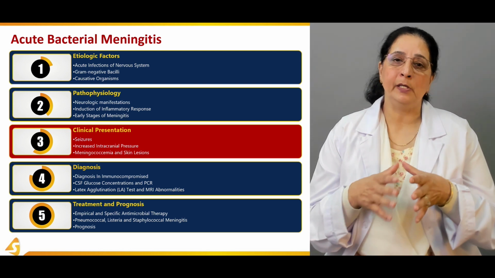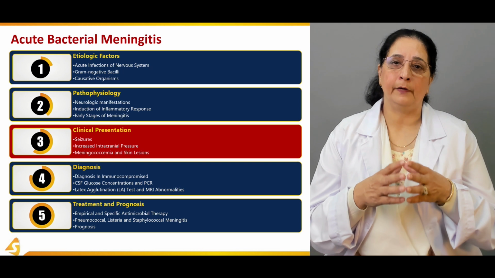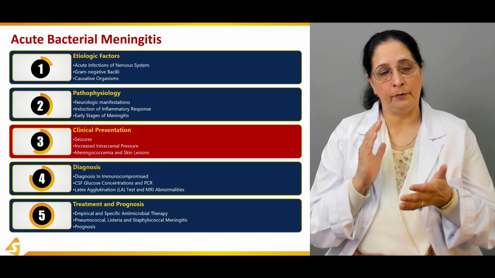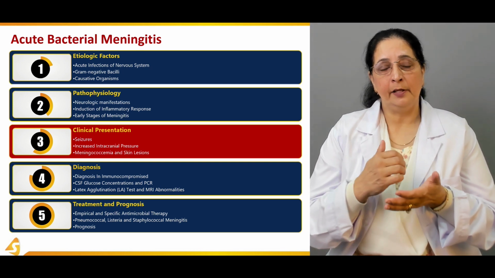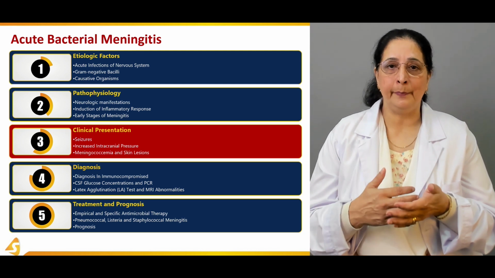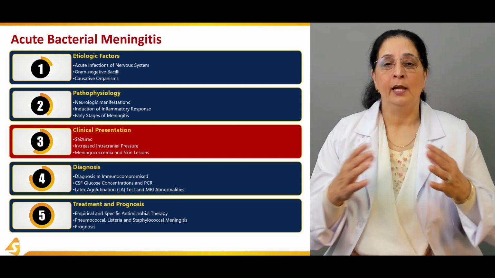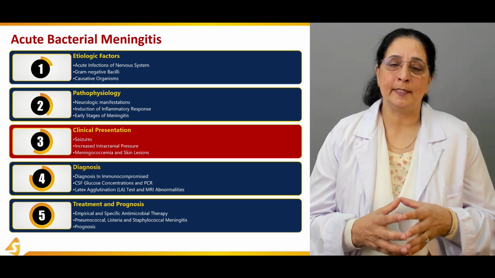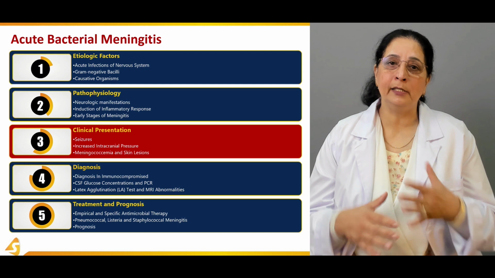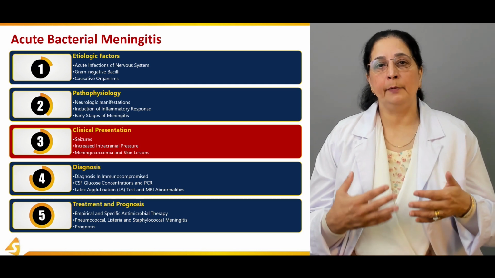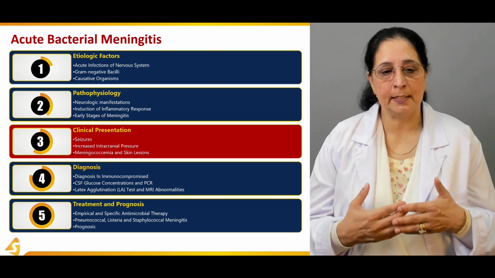So the pressure in the cranium is increased. We talked about the pathophysiology of meningitis, and if you notice, there is an increase in the permeability of the blood vessels, an increase in the leakage, and the edema is present. So as a result of all these changes, the intracranial pressure is increased.